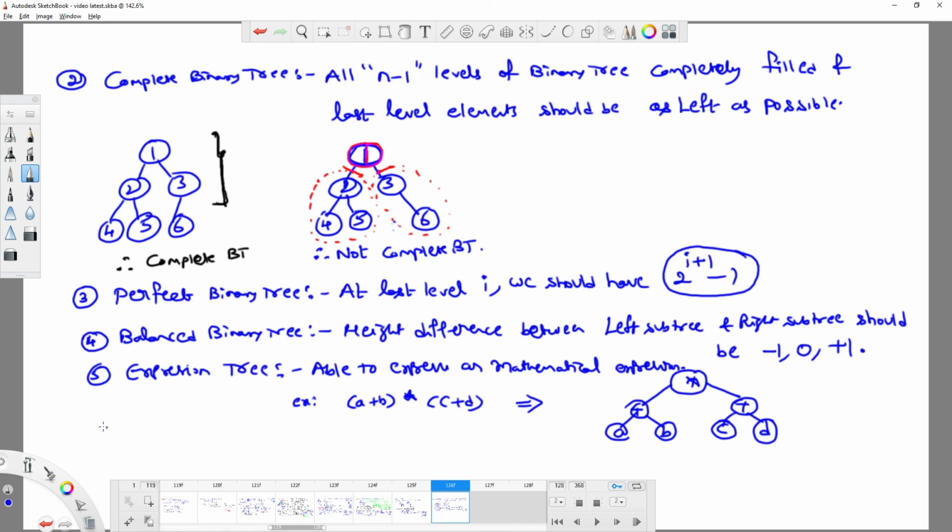Okay, so based on that we can say different types of other trees also, like binary search tree, AVL tree. These are all the things that we will discuss in further classes. Right? Is it clear for everyone? Various types of trees, various types of binary trees. Okay. Do you have any doubts so far?